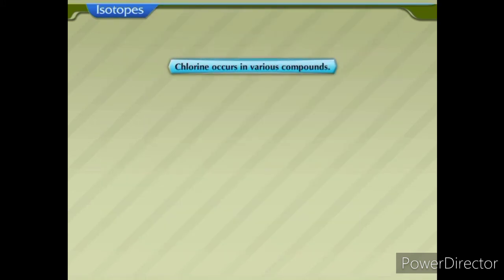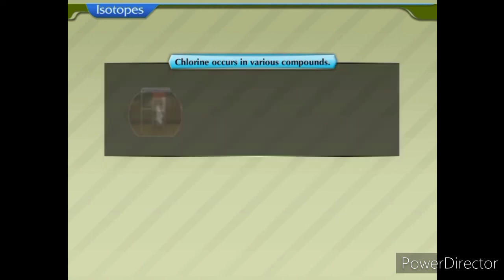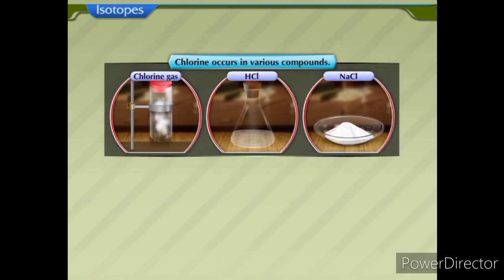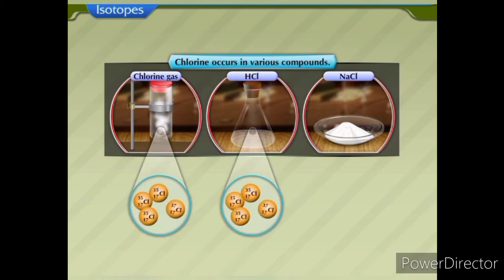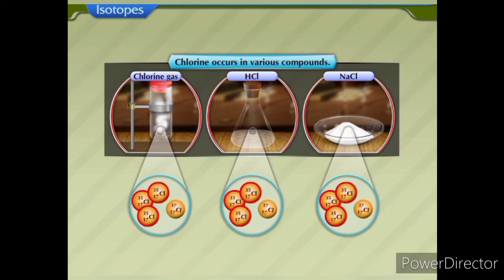We know that chlorine occurs in various compounds. Chlorine atom could be in chlorine gas, in hydrochloric acid, or in sodium chloride, or any other compound of chlorine. In all these compounds, for every 3 chlorine 35 atoms, there is 1 chlorine 37 atom.